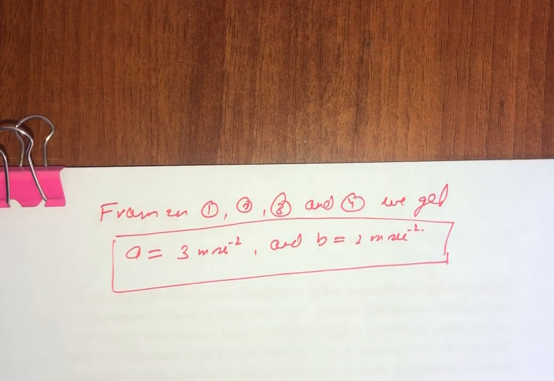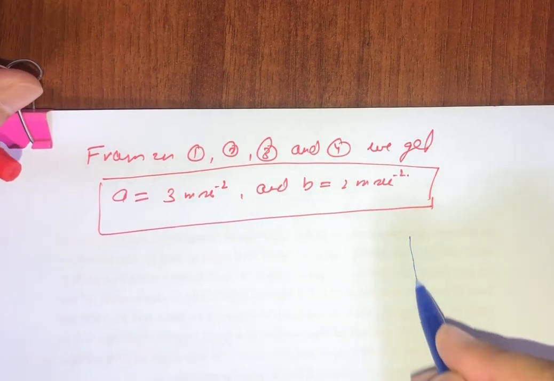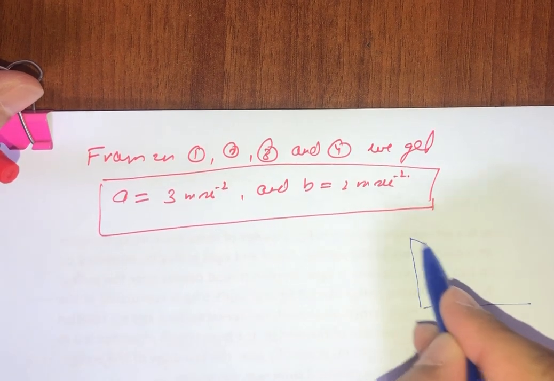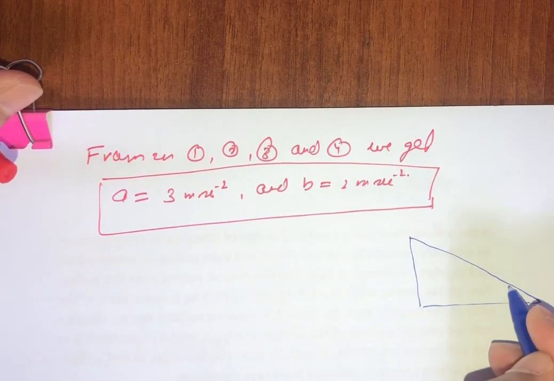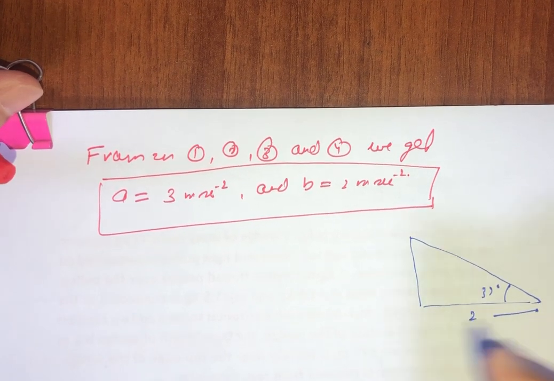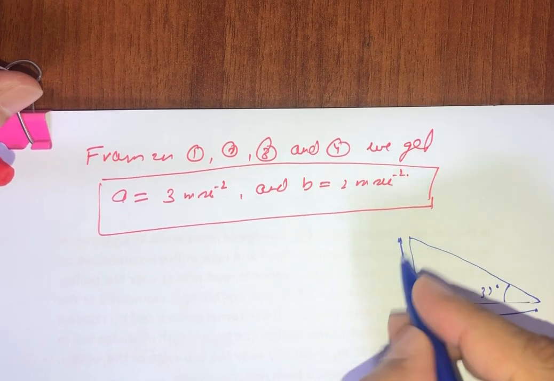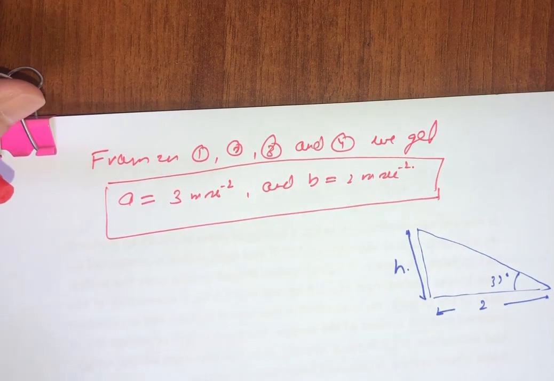And next, we already know, or rather it is given, that for the wedge, this angle is 37 degrees and the base is given as 2. So we can find out this height. Let us call this h.